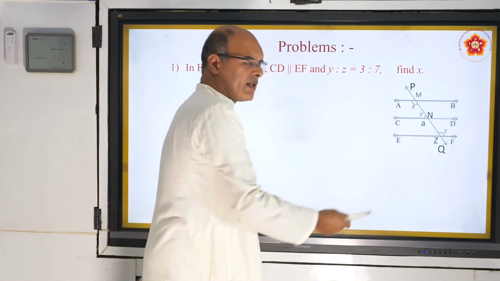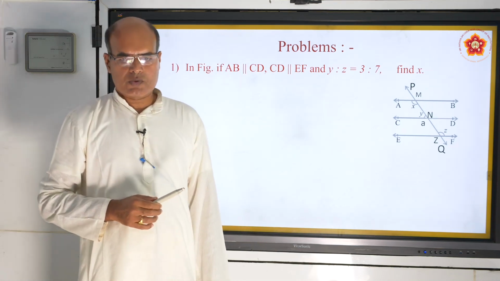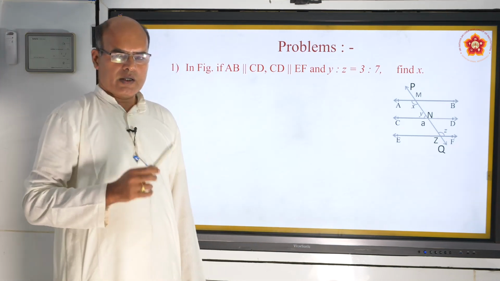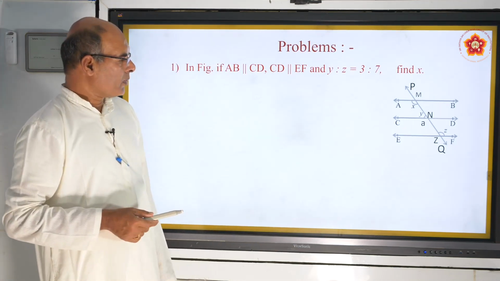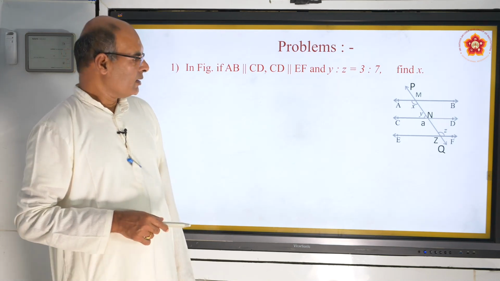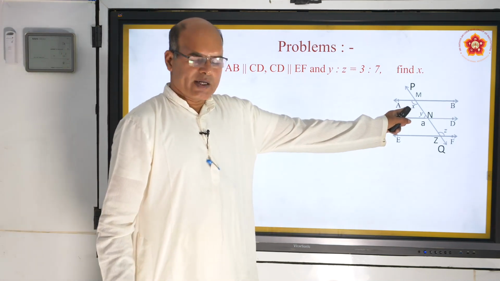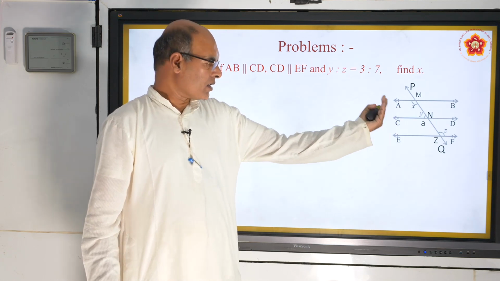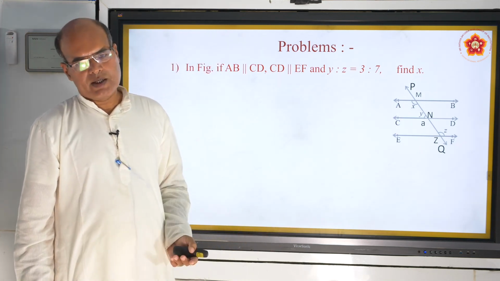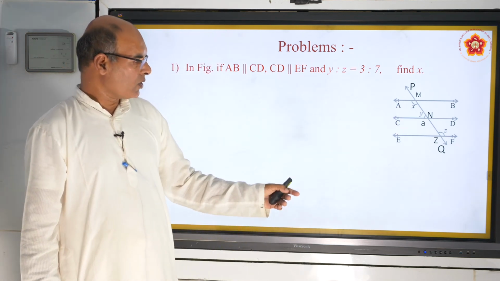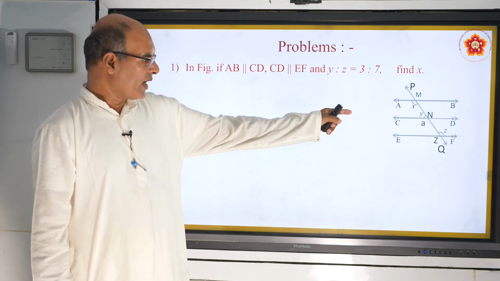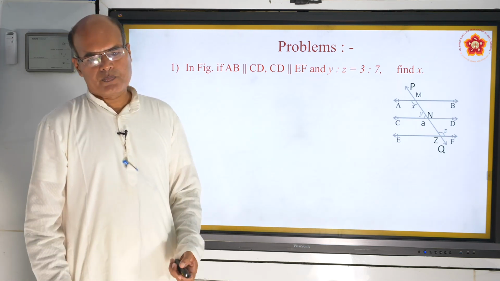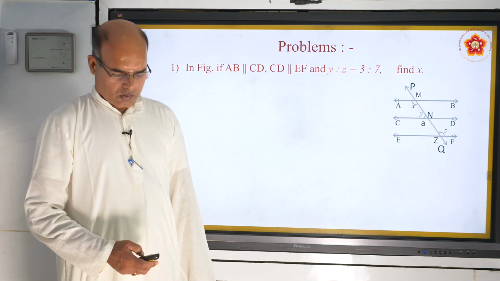Therefore X and Y are the interior angles on the same side of the transversal. Therefore according to theorem 3.5, sum of these two angles is 180 degree. Interior angles on the same side of the transversal are supplementary. So X plus Y is equal to 180 degree. If we know the value of Y, we can calculate X. So look at the steps.